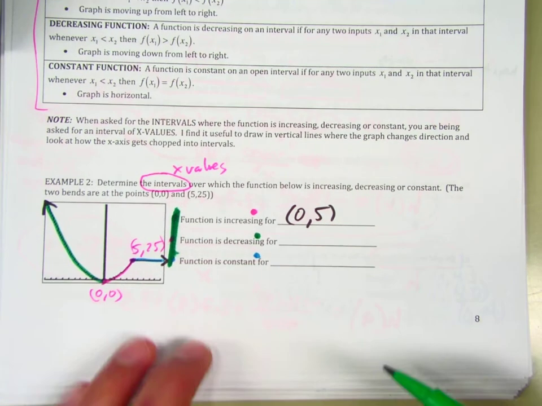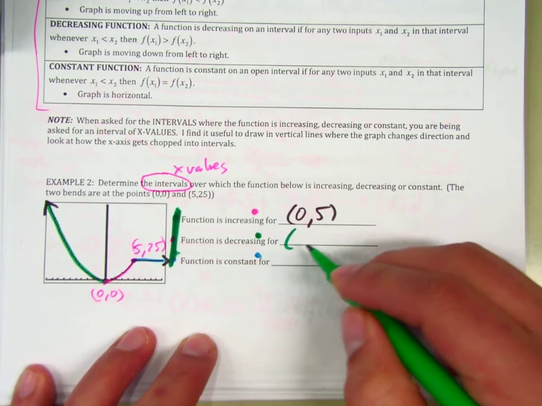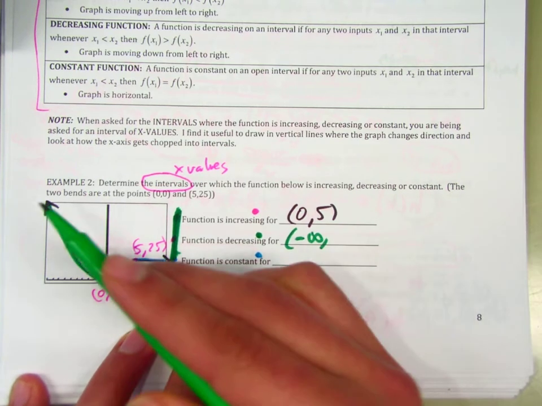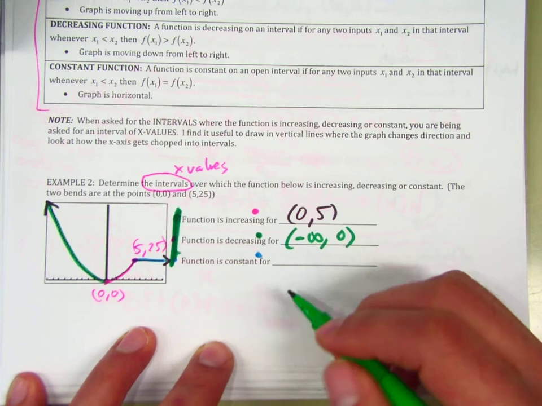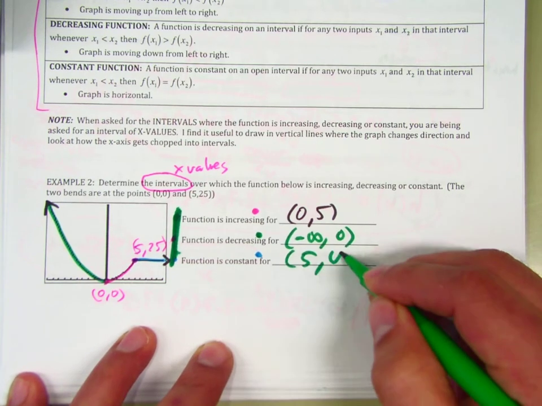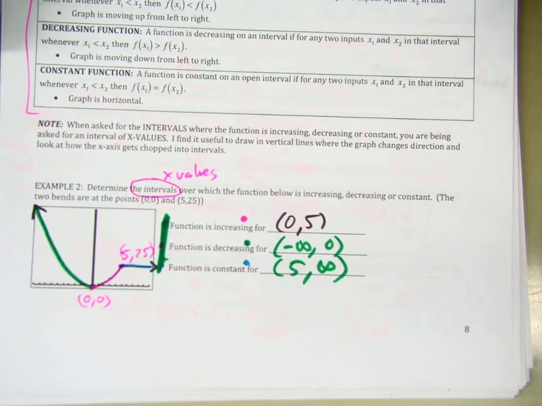Now decreasing, I think you said it earlier, from negative infinity to what x value? To 0. And now where is it constant? Does that make sense? Any questions there?